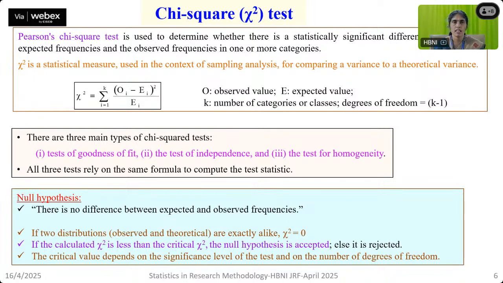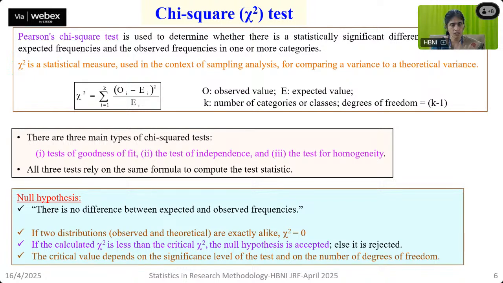Then what we do is, as we had seen in the case of T and Z table, here also critical values of chi-square are compiled and available in the literature for the specified degrees of freedom. Degrees of freedom again have the same connotation, one number less than the total number of measurements.